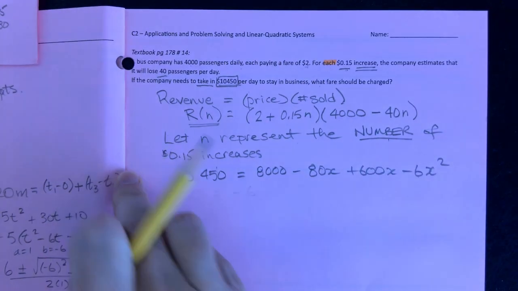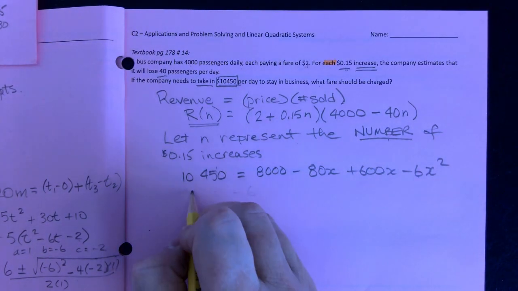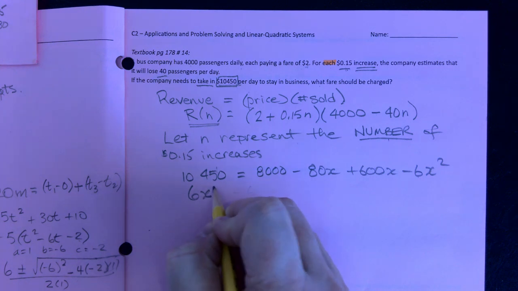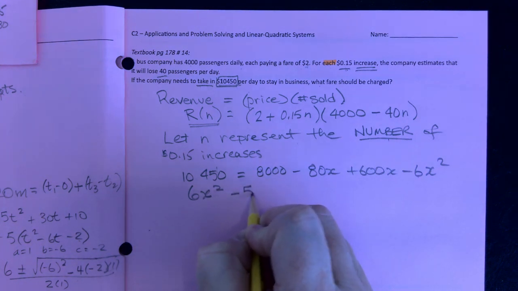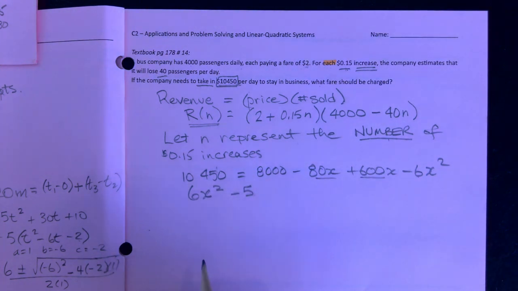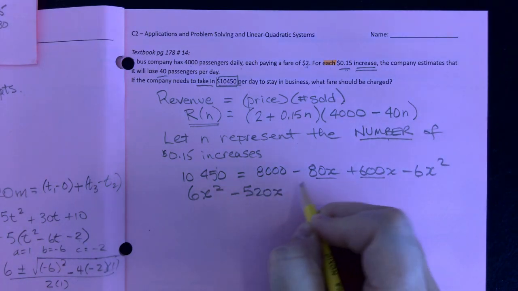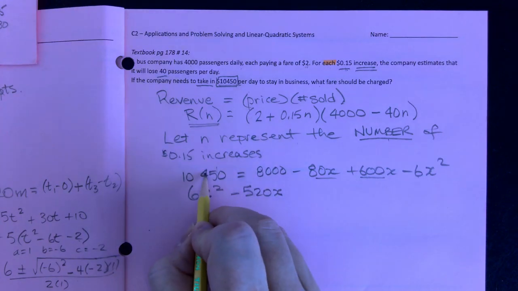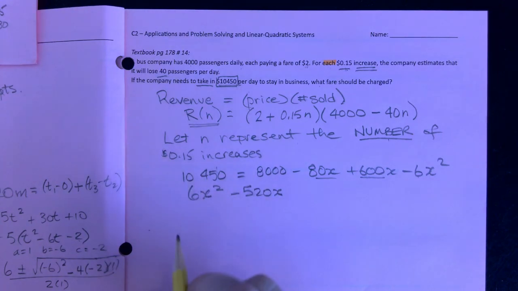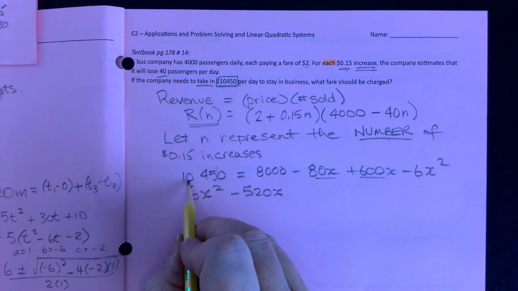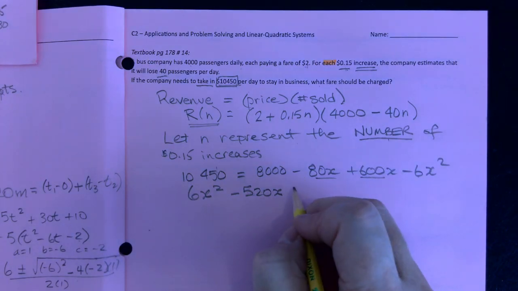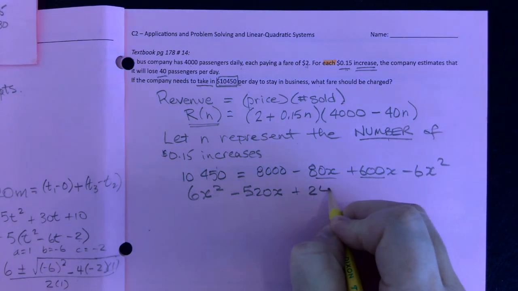I'm going to move everything to this side and put the 0 on the right. So I'll get positive 6x squared minus, these two come to 520, so negative 520 on this side. And then when I bring that 8,000 over, it will go negative, and when I subtract 8,000 from 10,450, I get 2,450.